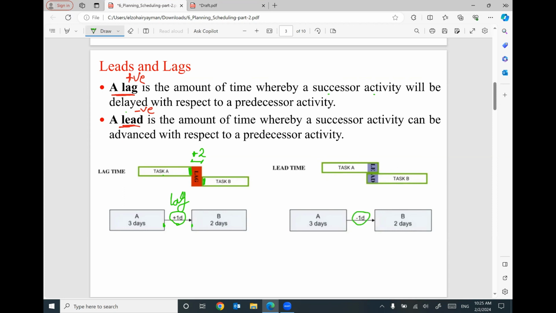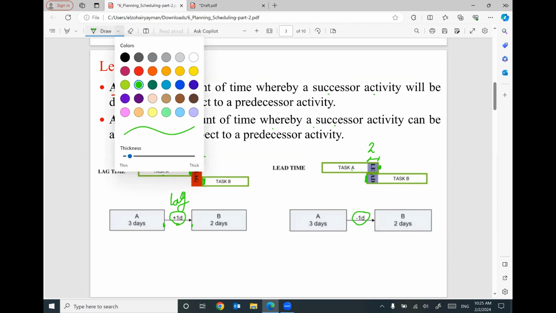Lead means before the end of activity A with 2 days, I can start activity B. So the lead is the amount of time whereby a successor activity can be advanced with respect to a predecessor activity. Does that make sense?